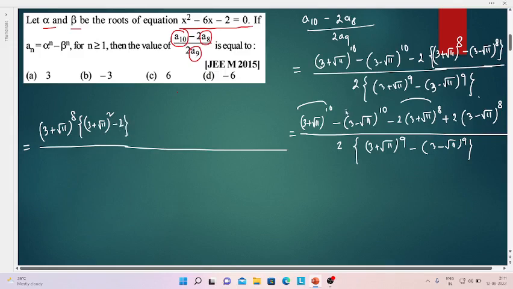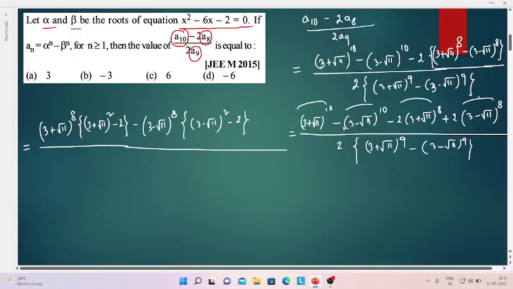And if we see this part and this part, there is also a relation: (3 − √11)⁸ will be the common part, right? If we take common, minus (3 − √11)⁸, what we'll have basically is ((3 − √11)² − 2), right?